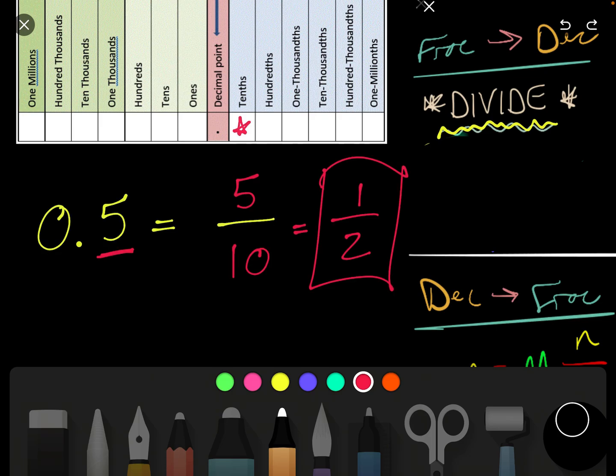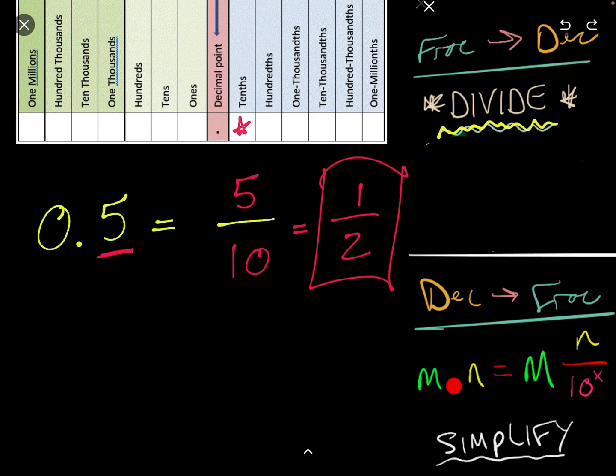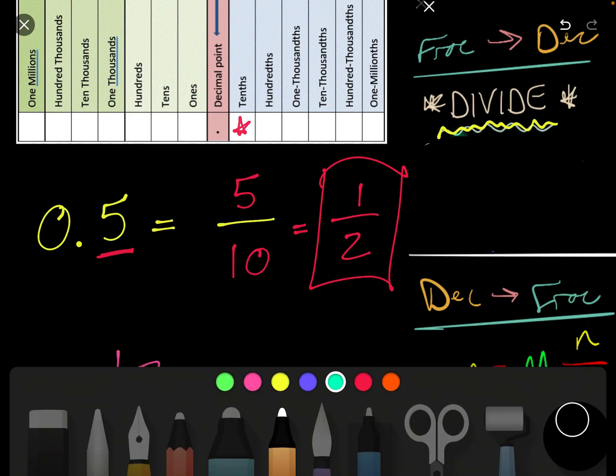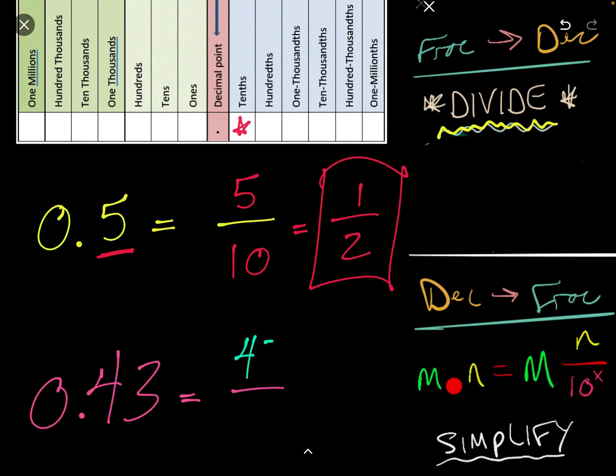Okay, now let's try another one. I'll keep that one up there. So I have 0.43, and I already know that my numerator in this situation is going to be 43. Whatever number is to the right of the decimal is going to be the numerator, the top number of your fraction. My denominator here: I have 2 place values to the right, so I know I have 2 zeros in my denominator, and that is 43 hundredths.